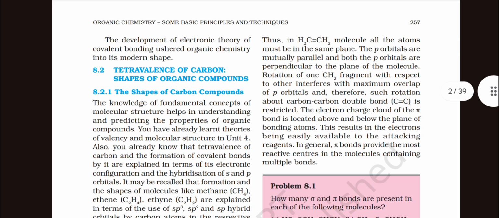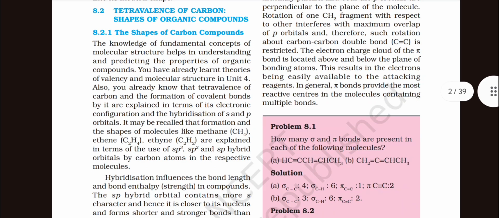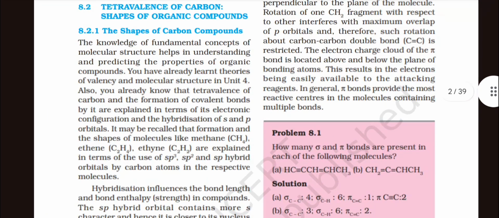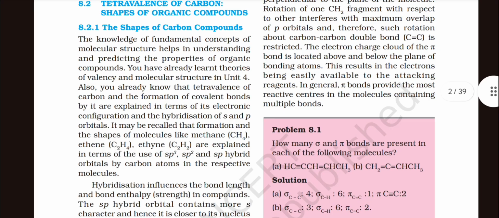The shape of carbon compounds. The knowledge of fundamental concepts of molecular structure helps in understanding and predicting the properties of organic compounds. You have already learned theories of valency and molecular structure in unit 4. Also, you already know the tetravalence of carbon and the formation of covalent bonds by it are explained in terms of electronic configuration and hybridization of s and p orbitals.